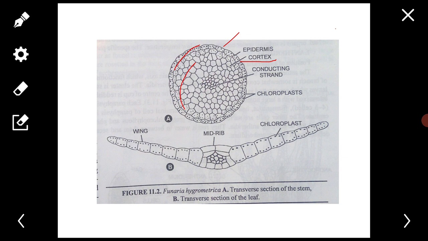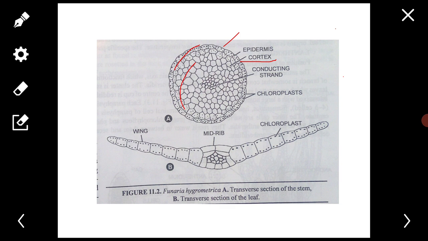These cells become thick-walled and lack chloroplasts as the axis matures.